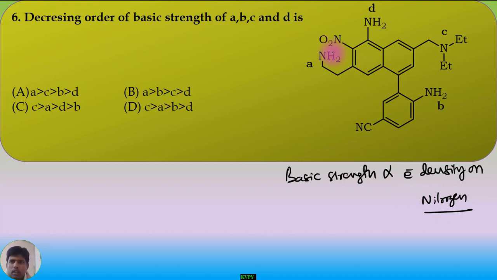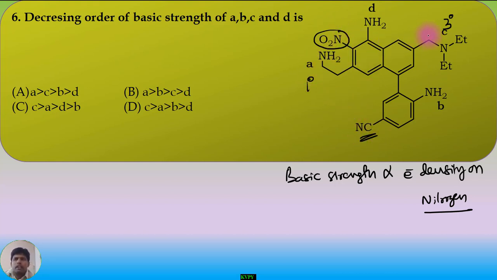So if we look at that, there is one nitrogen here, it's primary. So A is primary, C is tertiary nitrogen, amine. B is aromatic amine. Even D is aromatic, but there is NO2 here and there is only CN here.